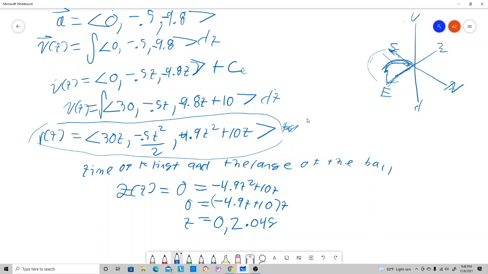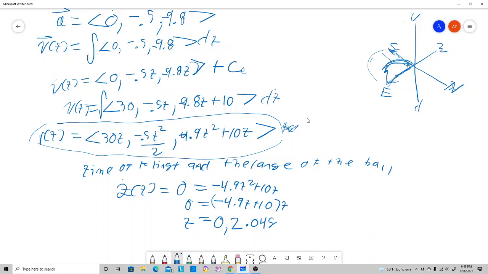Okay, so now the next question is, determine the range, right? The range of the ball. So now all we have to do is plug this time into our formula.